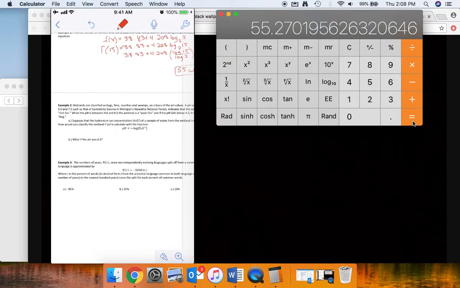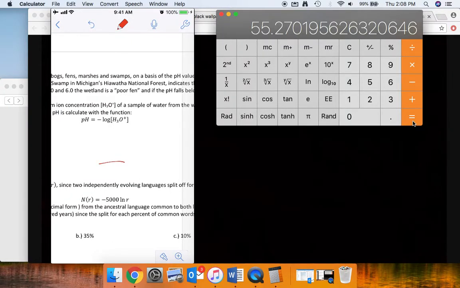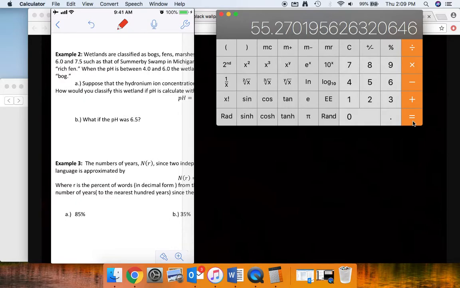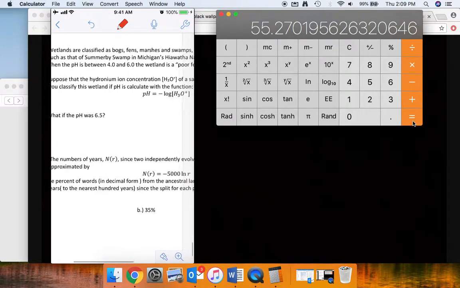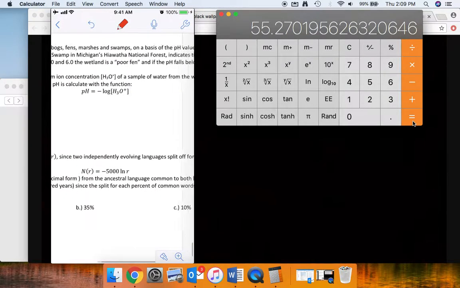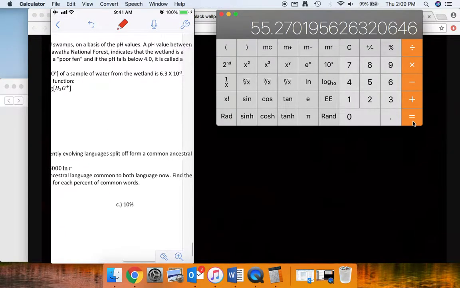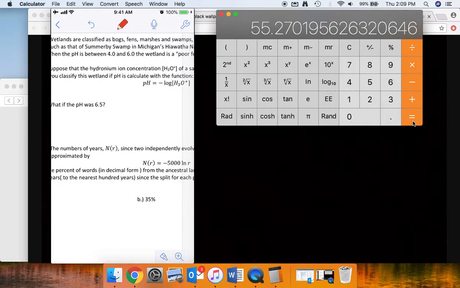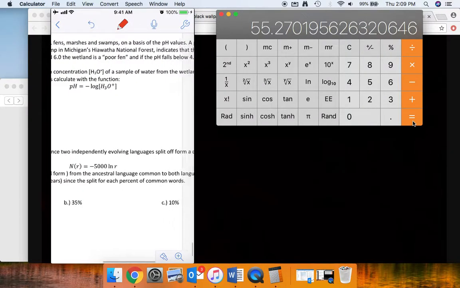Wetlands are classified as bogs, fens, marshes, and swamps based on a pH level value. A pH between 6 and 7.5, such as that of Summerby Swamp in Michigan's Hiawatha National Forest, indicates that the wetland is a rich fen, where a pH between 4 and 6 in the wetland is a poor fen.